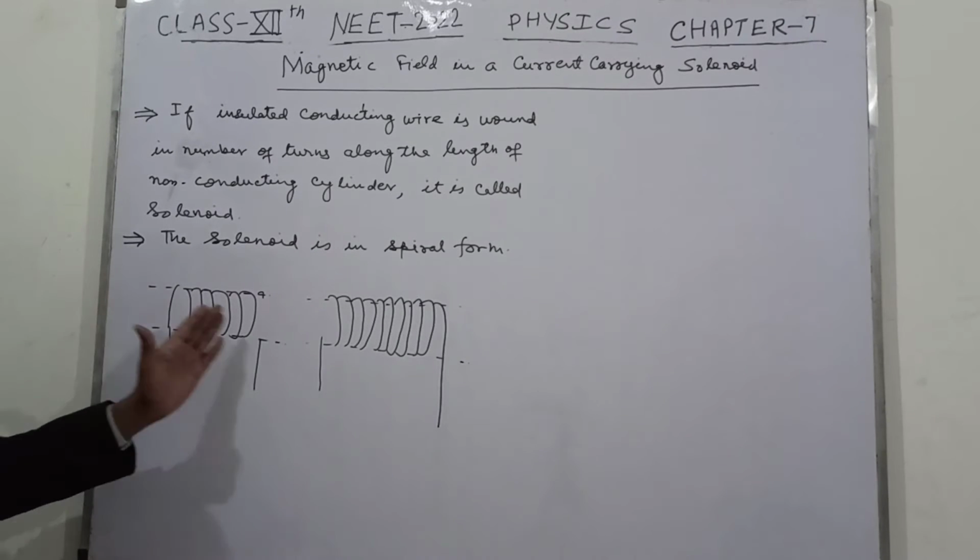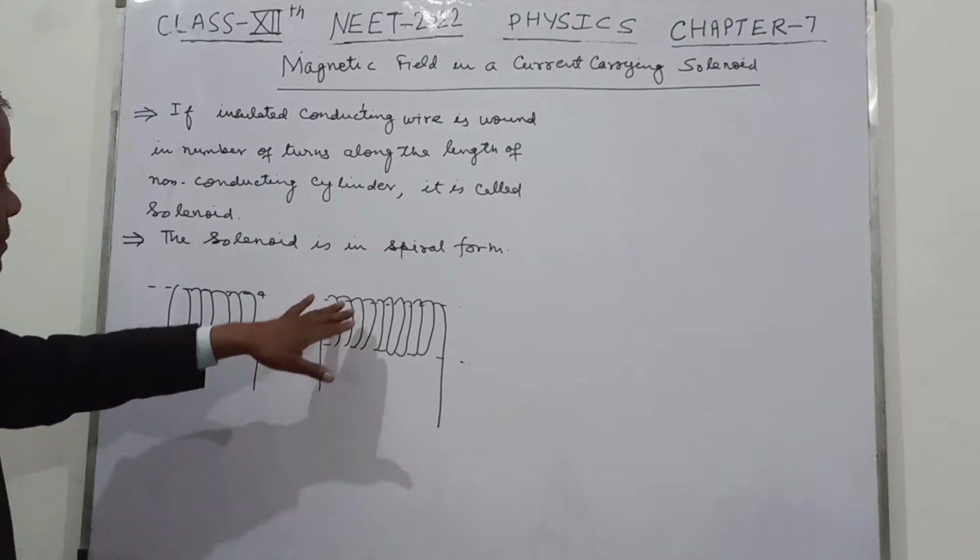When we have this kind of form or this kind of form, then this is the solenoid.